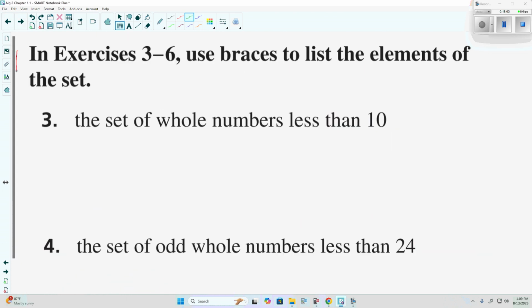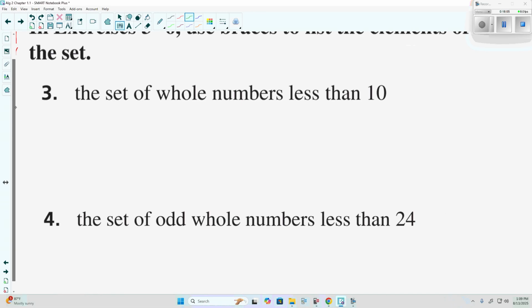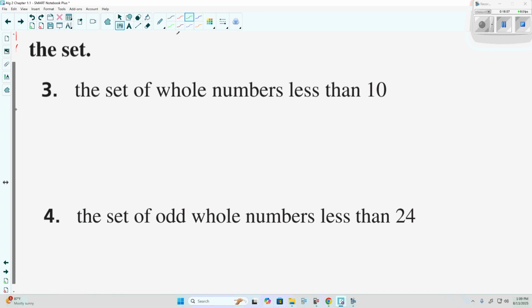So we're going to use brackets. We're not going to use this so much, the numbers, because we will reference whole numbers and all that. But at this point, we're just going to write some sets. So we want to write the set of whole numbers less than 10. Excuse me. What's our smallest whole number? 0. Yeah. Because natural numbers, the smallest one would indeed be 1.